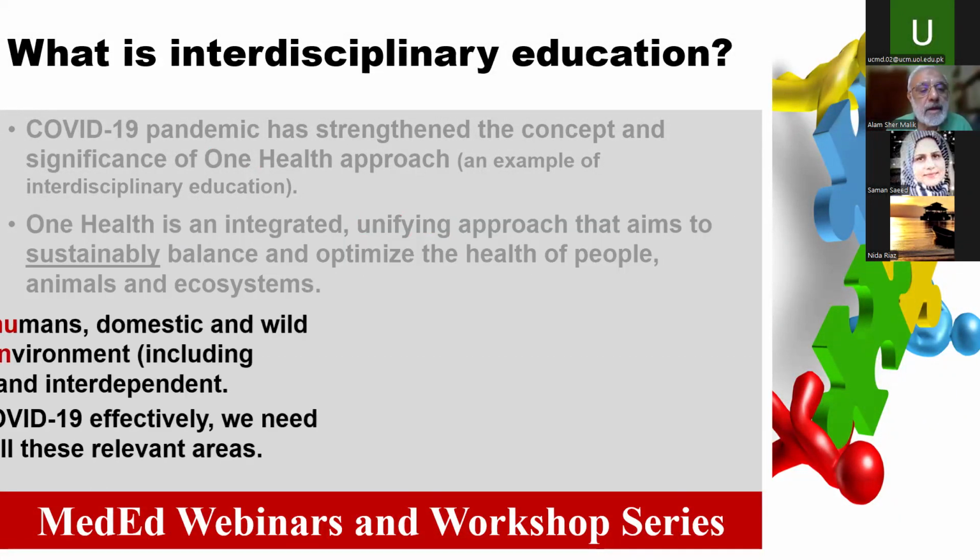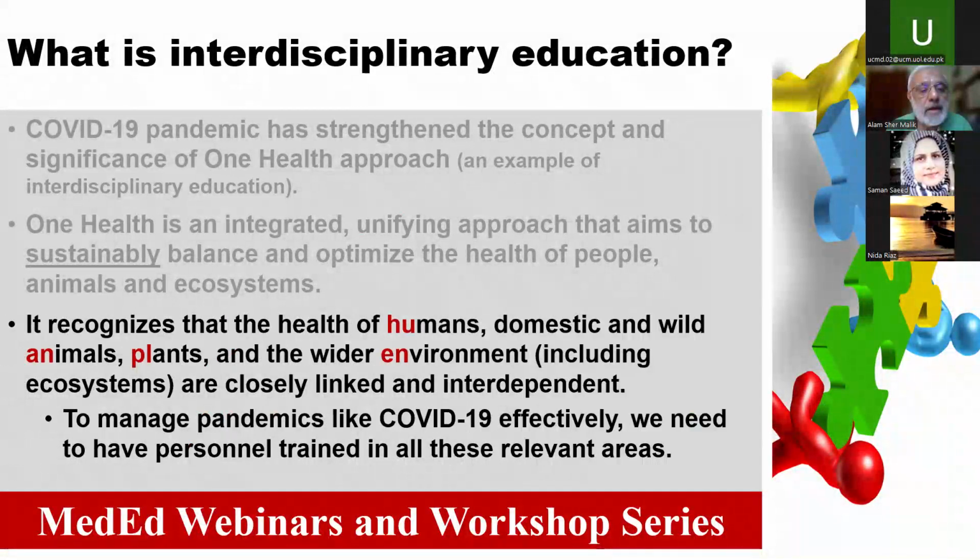If we look at a slightly elaborated definition, One Health recognizes the health of humans, domestic and wild animals, plants, and wider environment, including ecosystem, as closely linked and interdependent. And as I said, the COVID-19 pandemic is the perfect example where all these areas are involved. And so the One Health concept covers all these areas.